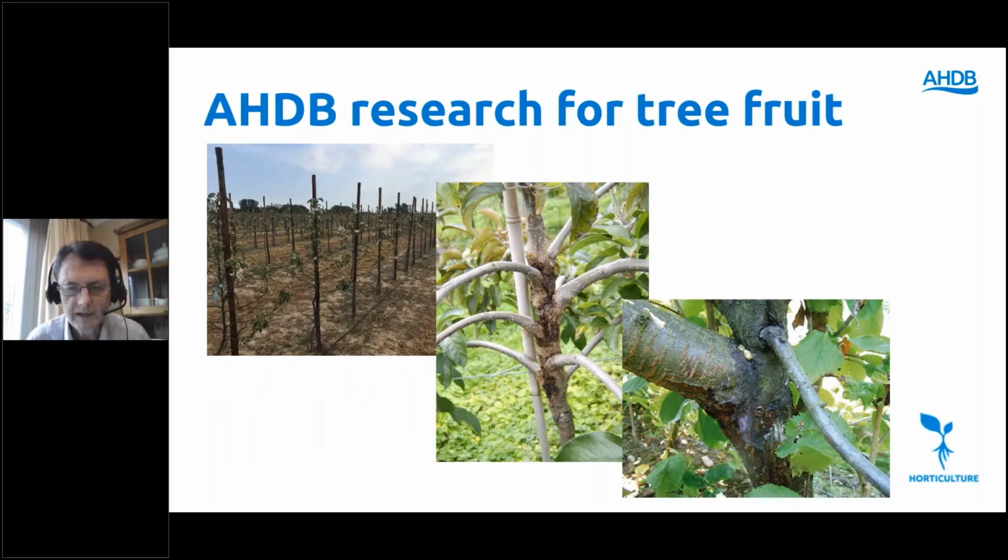So what are we here for? Well, AHDB has been funding a number of projects on weed control, apple canker and bacterial canker in cherry over the years. Most of the work we've done in recent times has looked at integrated pest management options for canker, and we ran a project, number TF223, where we delivered a lot of information about that.